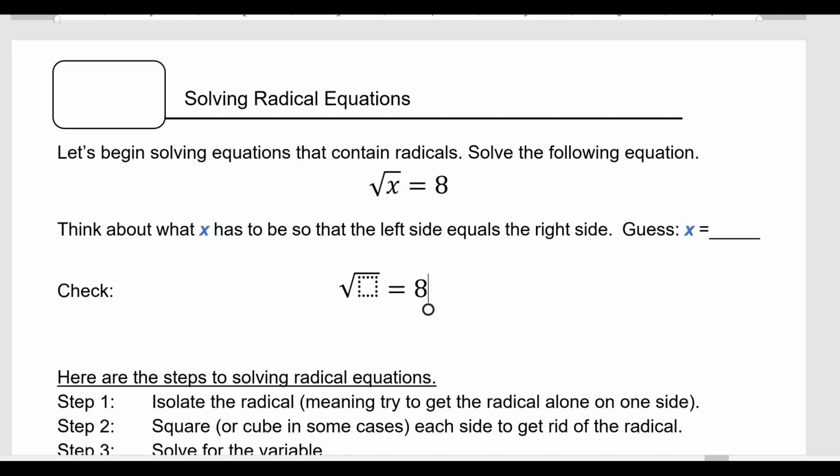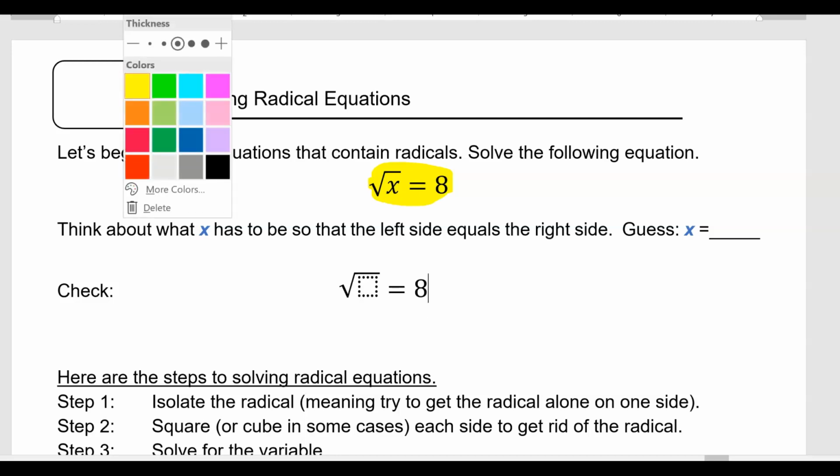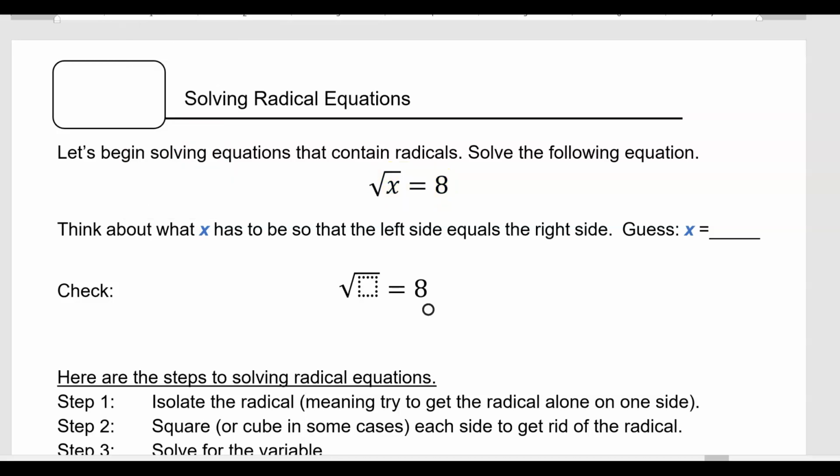So here I chose a simple radical equation because what I wanted you to do was guess at what you thought the answer was. So what you're doing is figuring out the square root of x equals 8. What is x in this case? Can you guess?